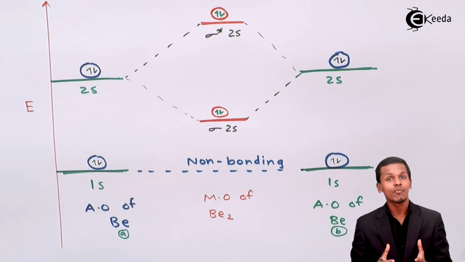Now let us understand what the electronic configuration of the beryllium molecule would be.